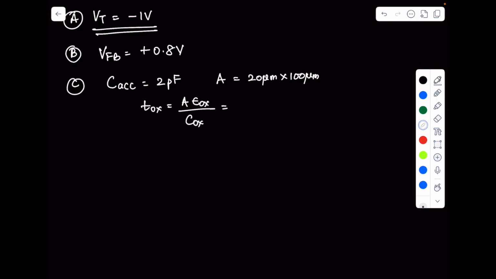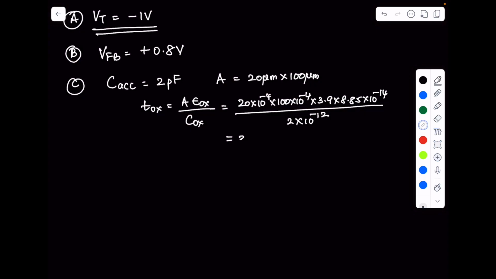So A is 20 into 10 power minus 4 into 100 into 10 power minus 4, into 3.9 into 8.85 into 10 power minus 14, divided by Cox, which is 2 into 10 power minus 12. If you work this out, it comes to 34.51 nanometers. So that is the oxide thickness in the system. We already said that the doping type is going to be N-type because this is a PMOS cap.